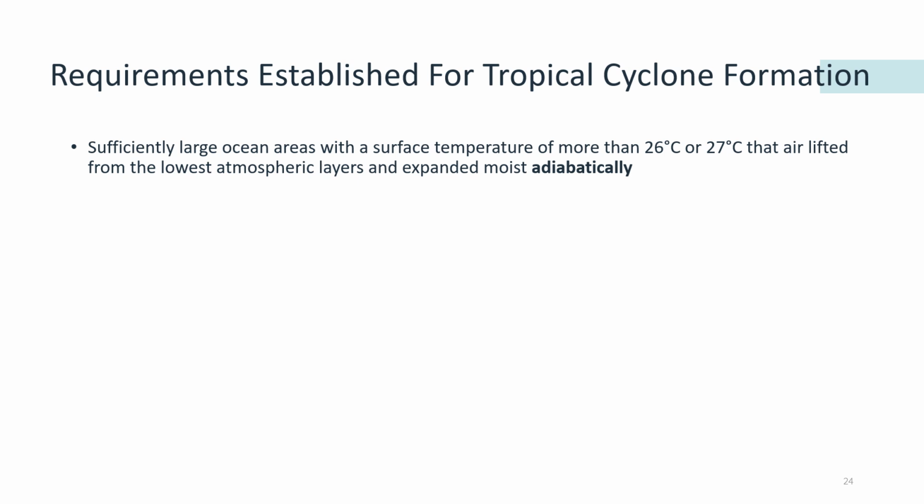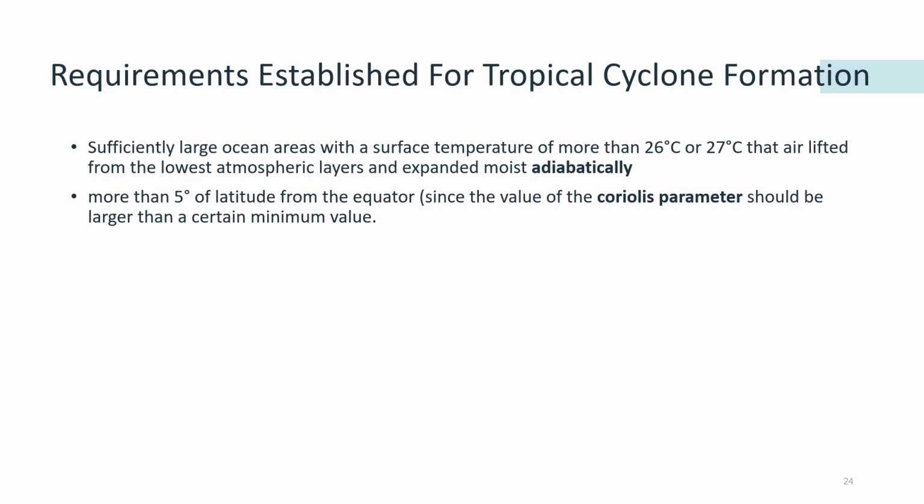To have this disturbance, it should be more than 5 degrees of latitude from the equator, since the value of the Coriolis parameter should be larger than a certain minimum value.